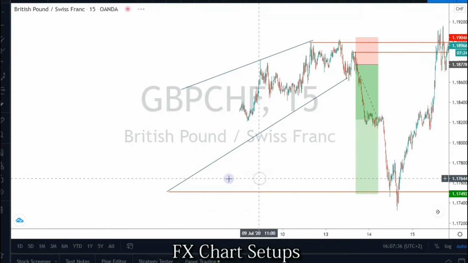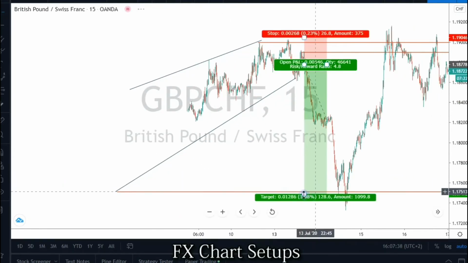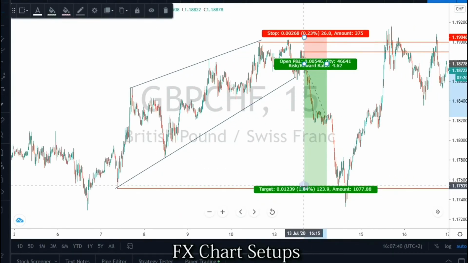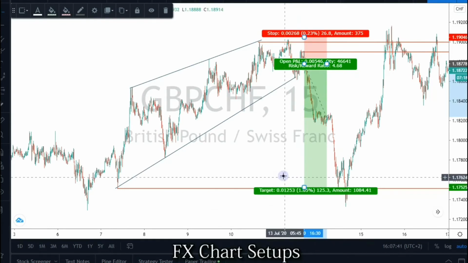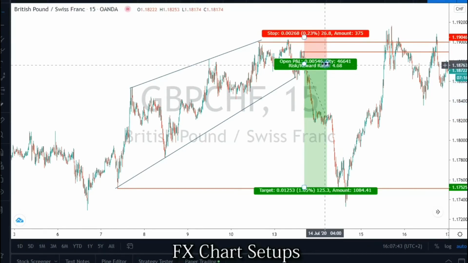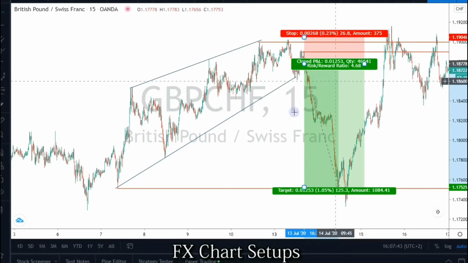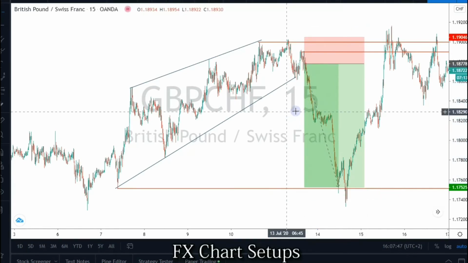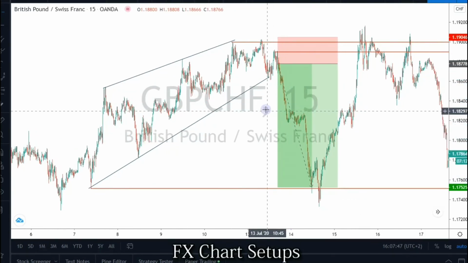So we had our targets down at the 90% rule of this pattern here, at the beginning of the pattern.